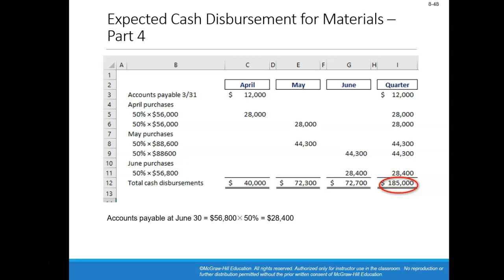We're focused now on the budget for the second quarter. So our total cash disbursements for the second quarter would total $185,000.